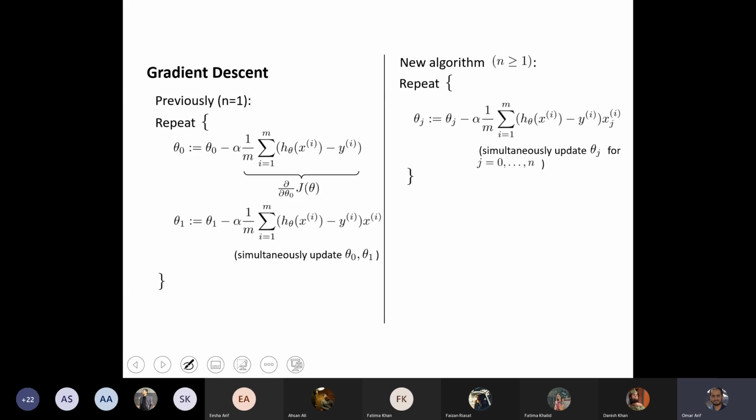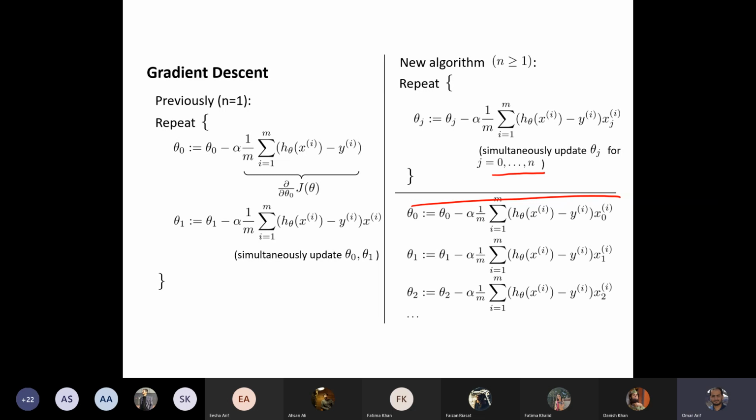For n greater than 1, it's exactly similar. The thing is that this time I will have to update for j from 0 to n. So depending on how many parameters, how many features you have, this will be updated that many times. For example, theta 0, theta 1, theta 2, and you can easily see the value with which I am going to multiply.